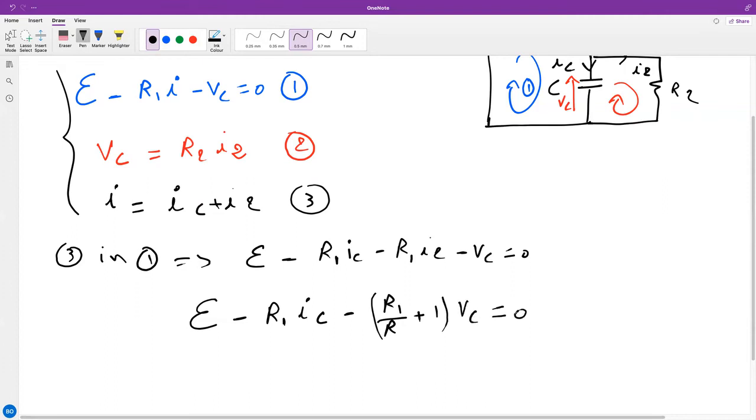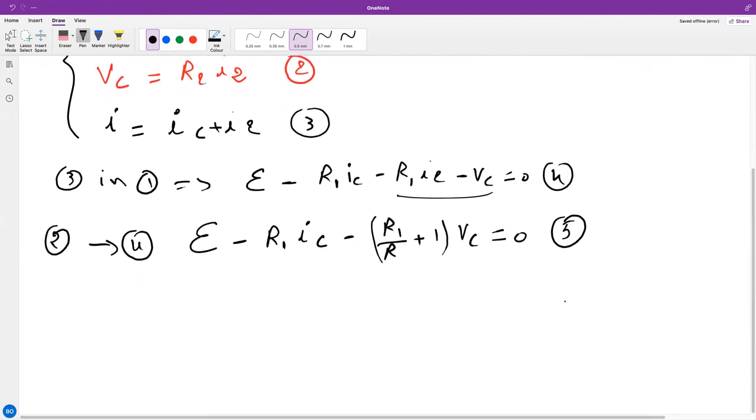What I did here is use equation 2 in this equation, which I will call 4. I replaced I2 by its value: E minus R1 IC, and I know that I2 is equal to VC divided by R2, and then I group them. I will call this equation 5.